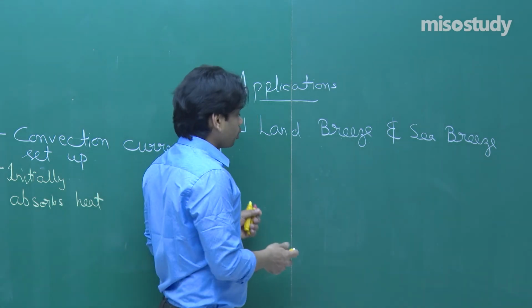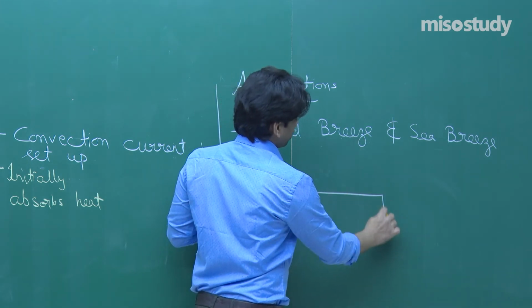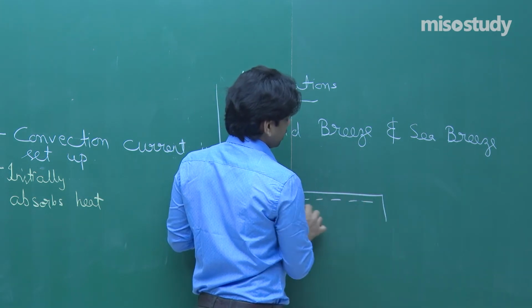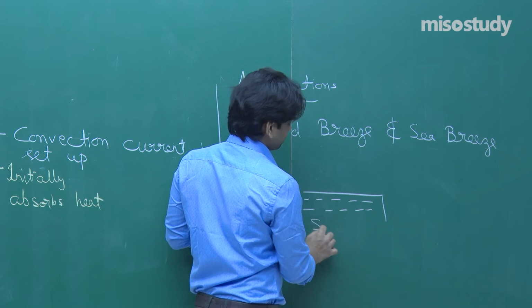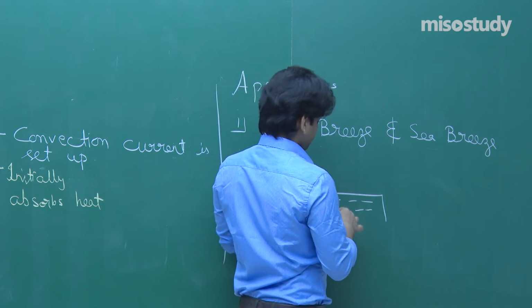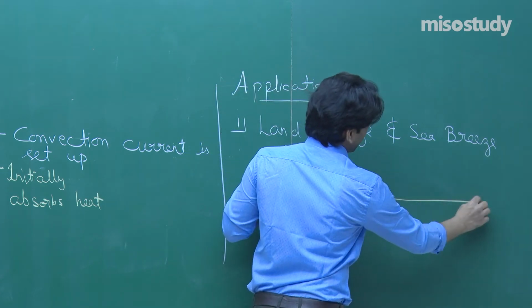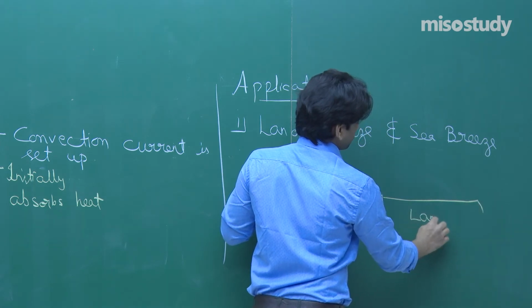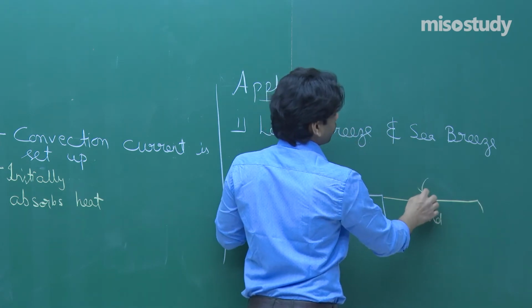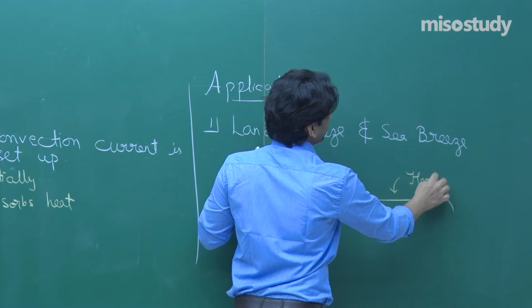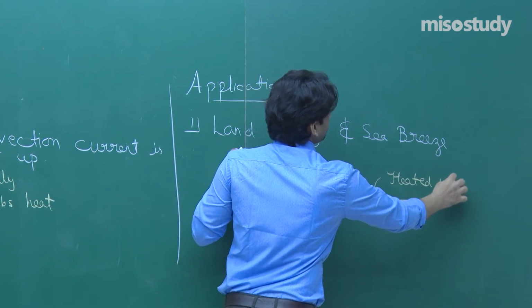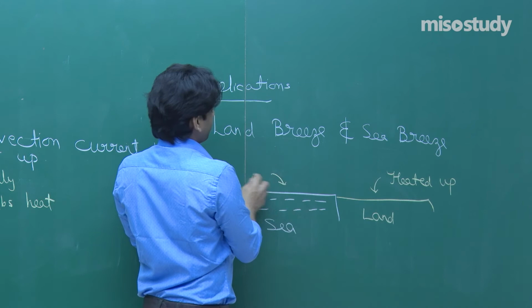So if I try to draw a diagram, let's say here we have the sea or ocean, that is the water part, and here we have the land part. This is heated up quickly because the sun is shining during daytime. The oceans and sea will remain cool.